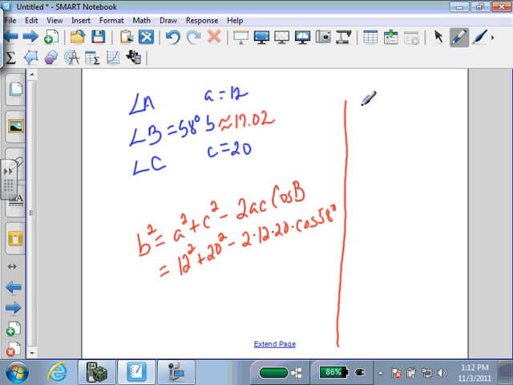So if I were to find angle A using the law of cosines, I would say cosine of A is equal to B squared, so that's 17.02 squared, plus C squared, 20 squared, minus A squared, 12 squared. I'd make sure I put that in a parenthesis, divided by, in a parenthesis, 2 times 17.02 times 20.